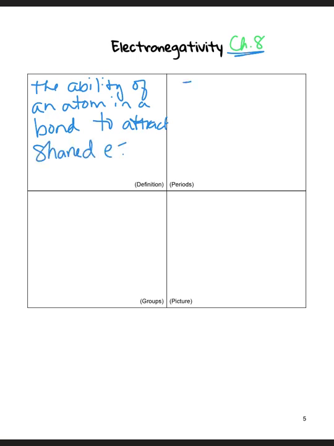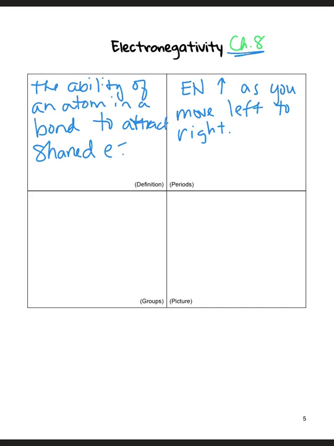The trend is that electronegativity increases as you move left to right. I think of this one as the ability of an atom to want to take on electrons. When I think about elements on the right side of the periodic table, those are my anions. Those are the ones that want electrons. They want to gain electrons.